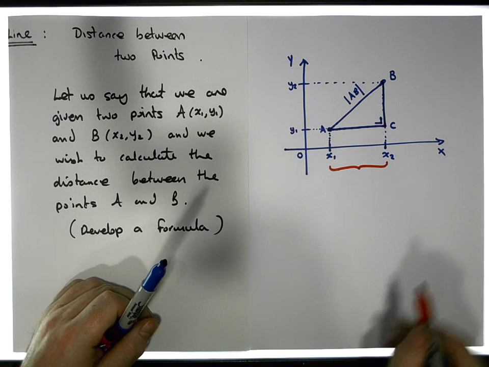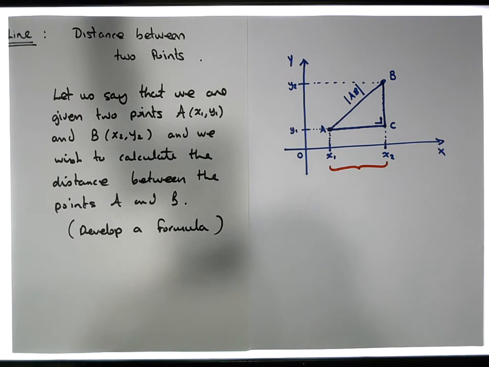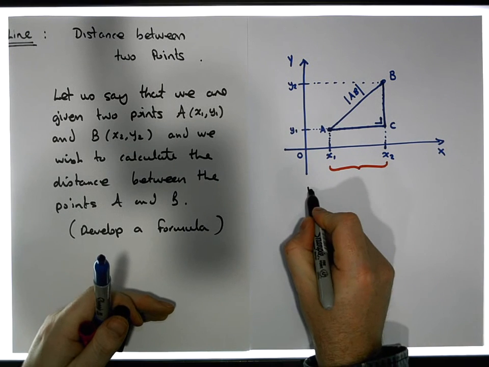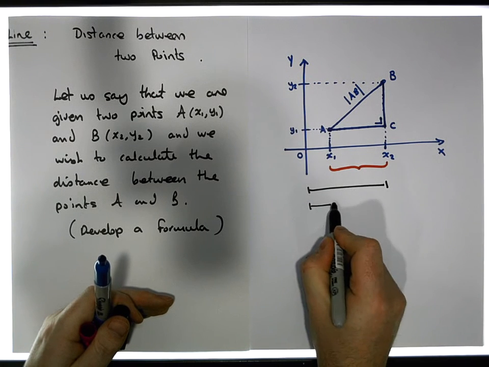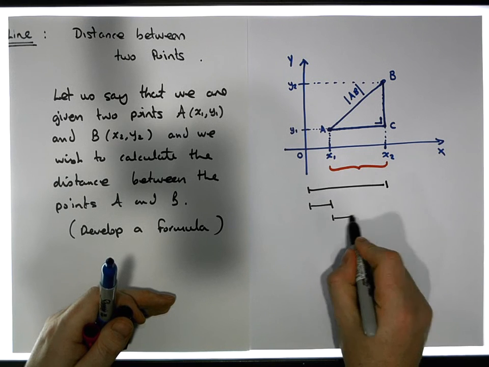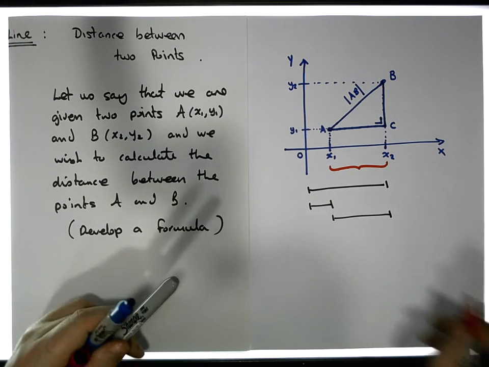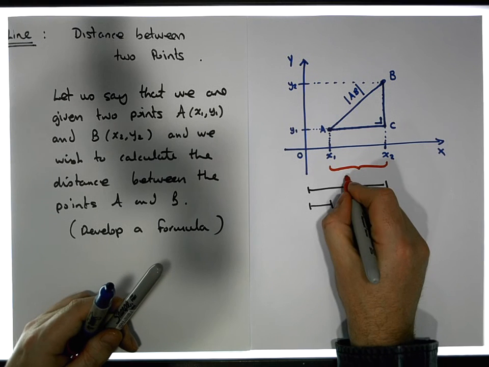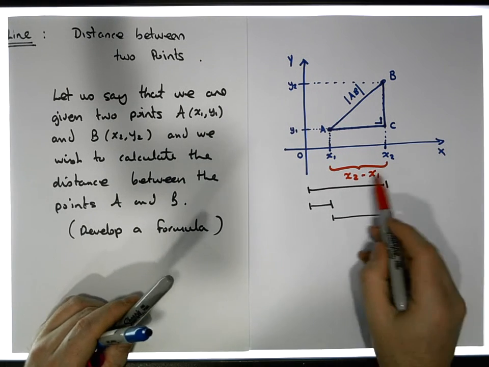So if I take the distance x1 away from x2, what I'm left with is the distance between here, which is effectively the value x2 minus x1.